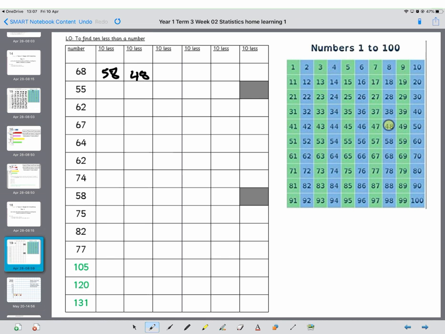From 48 we go to 38, to 28, to 18, and then our last jump is up to 8, because when we take away 10 we move back along the number square.